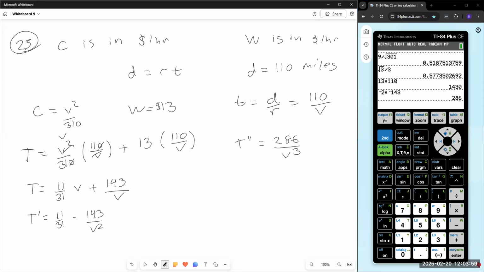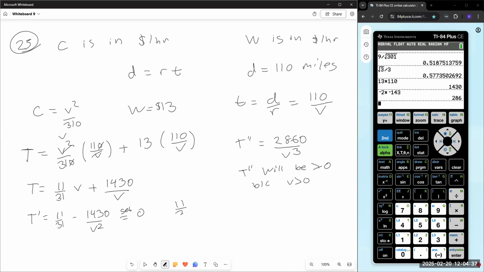I missed a 0 there at first. So that tells me that because V is always going to be positive, since we're talking about speed, T double prime will always be positive. If we get a V that's negative here, we did something wrong, or there's something wrong with the problem.